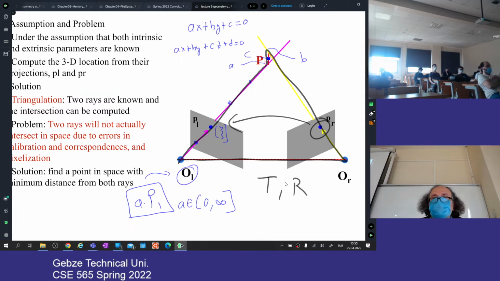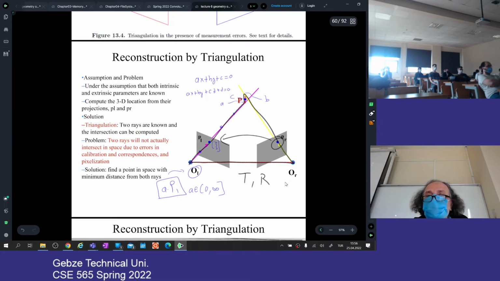That's good. Any questions on this? But there is a problem with this approach. The problem is this. What if I have another camera looking at the scene like this, and this is the central projection, and I have the third camera, and that's the corresponding point in there?